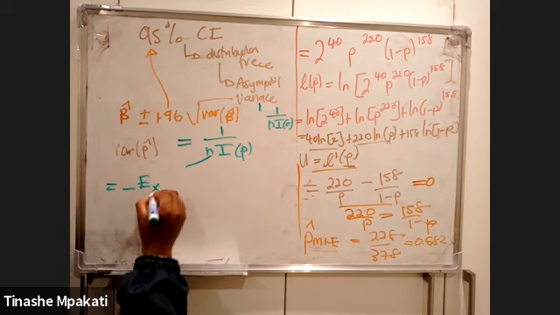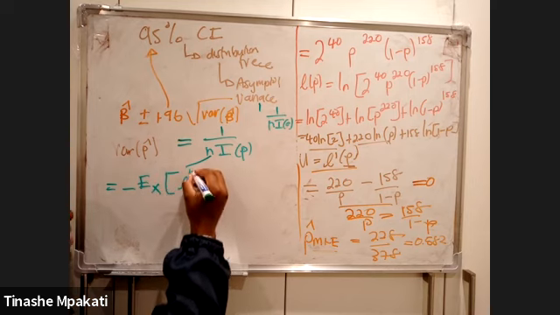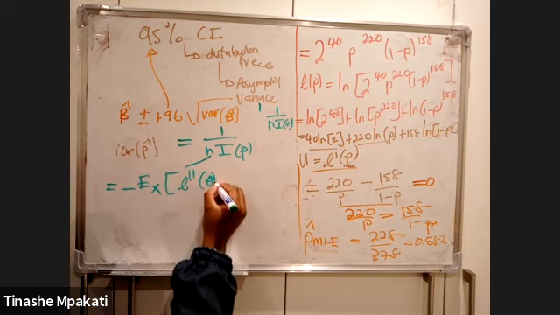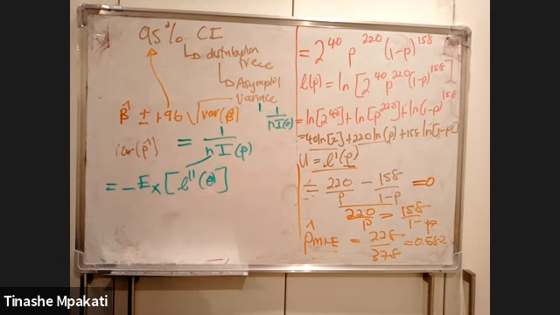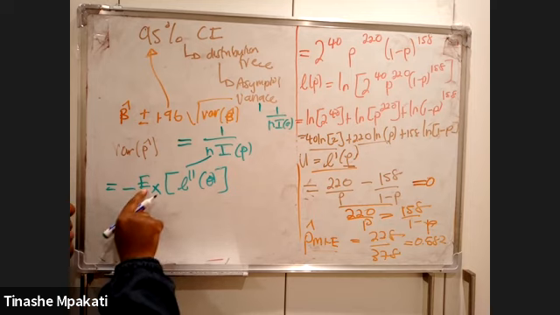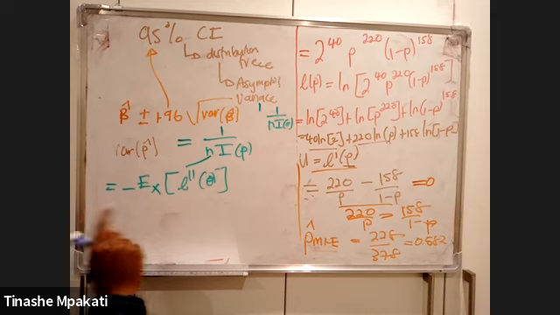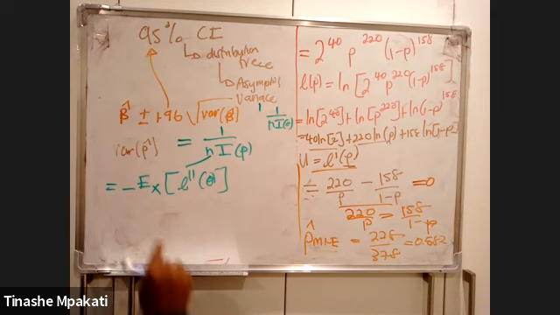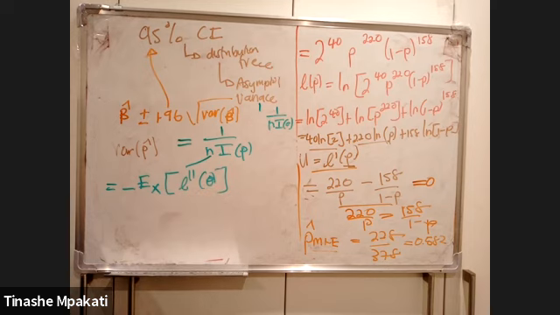I always write this x here to remind you that when you find this expectation of the second derivative of your log likelihood function, if there is an x or any random variable within that function, the expectation should actually affect that random variable.